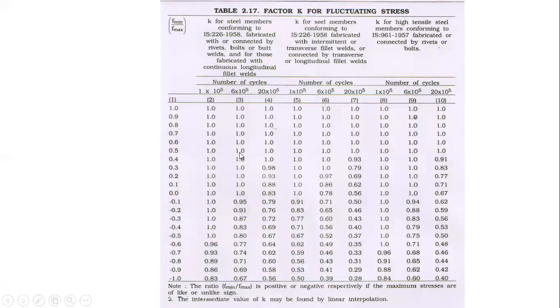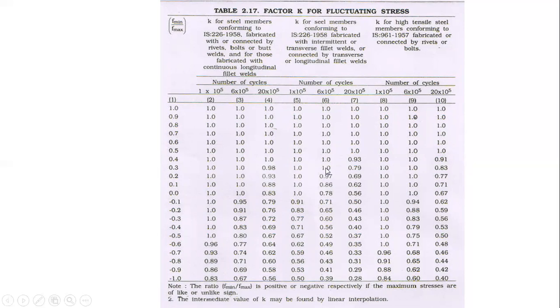Next, before coming to the design of the bottom chord member and the vertical and inclined members, I have to use this table again, which is given in the IS 1915 steel code. This is factor K for fluctuating stresses.